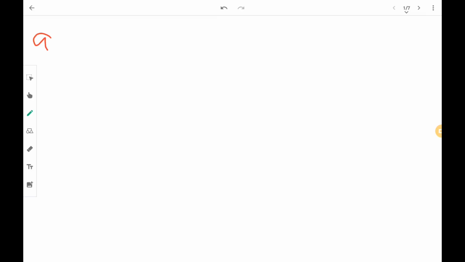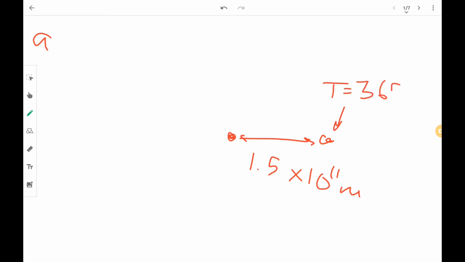For basic question 9, here's the sun and here's the Earth. The radius of the orbit of the Earth around the sun is 1.5 times 10 to the power of 11 meters. And you also have the time of the orbit, 365 days. They wanted to calculate Kepler's constant.